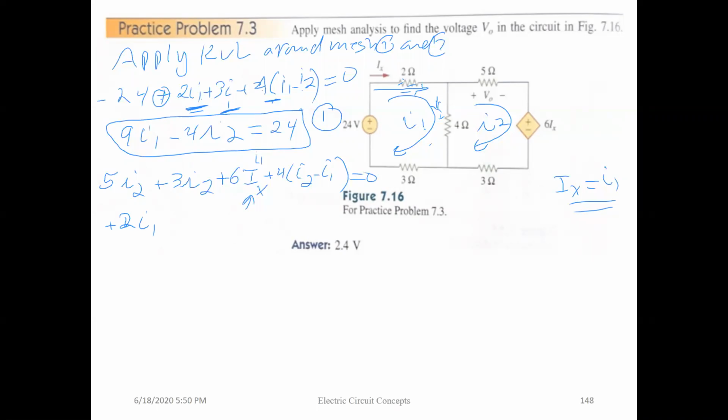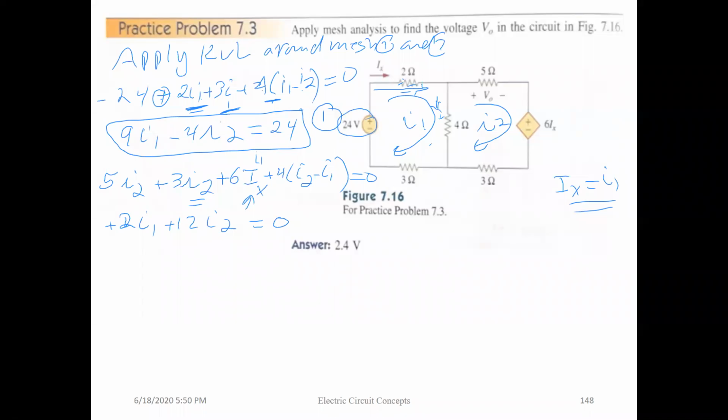And then for i2, sorry, it would be 5 and 3 and 4. So it would be 8 and 4 is 12, plus 12i2 equals to 0, because you don't have any voltage source with a number here.